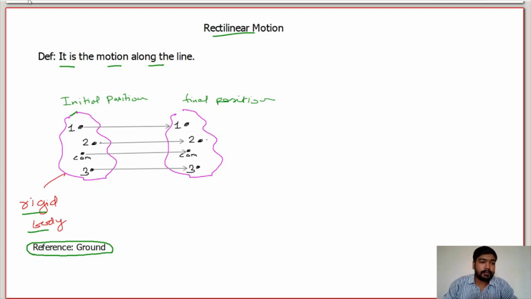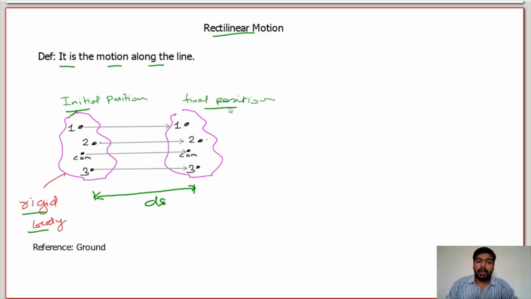So this is a rigid body. What is the purpose of a rigid body? It means each and every point will be displaced by an equal amount. Suppose the body is displaced from its initial position to the final position. This amount of motion, let's say, is ds displacement.